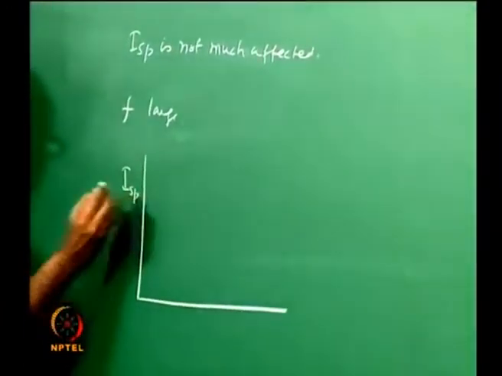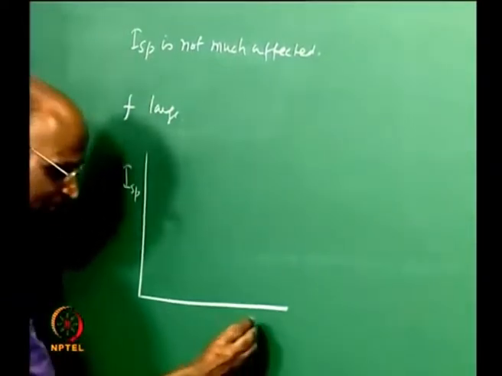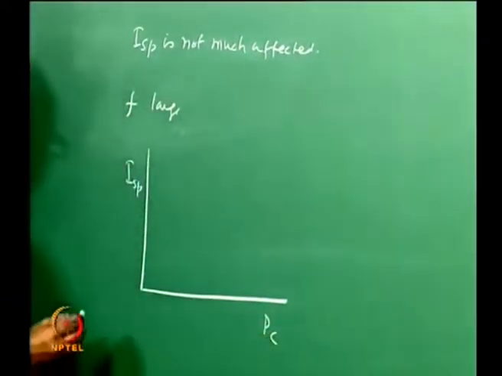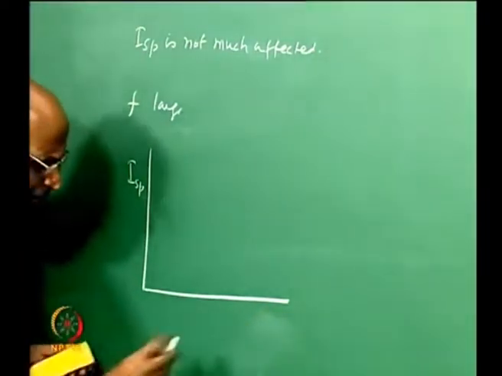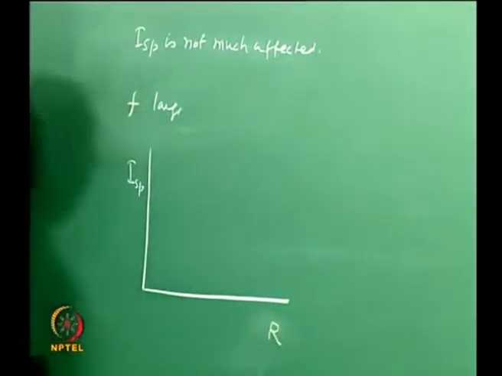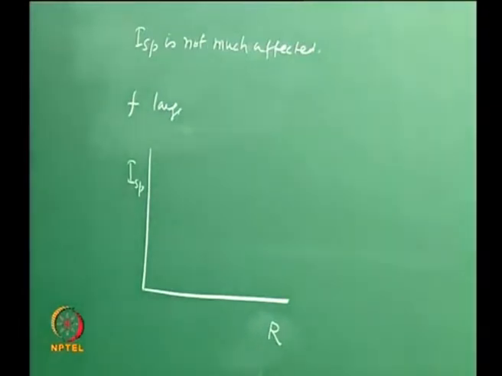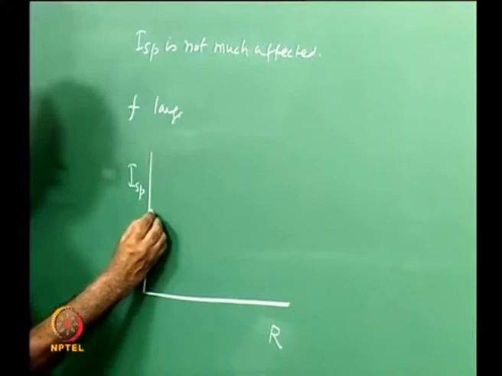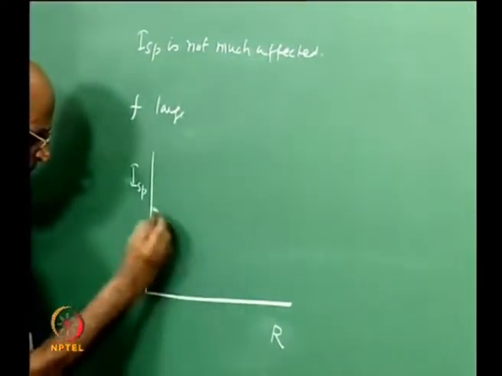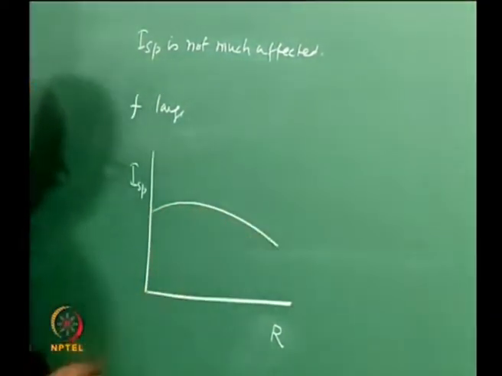If I were to make a plot of the net ISP as a function of the overall mixture ratio, I find maybe at low chamber pressure my ISP, as mixture ratio increases, comes like this.